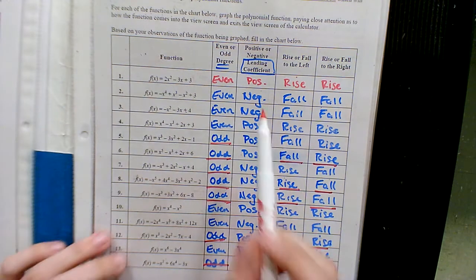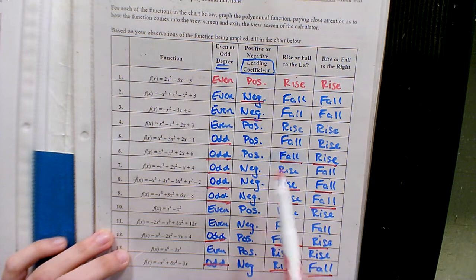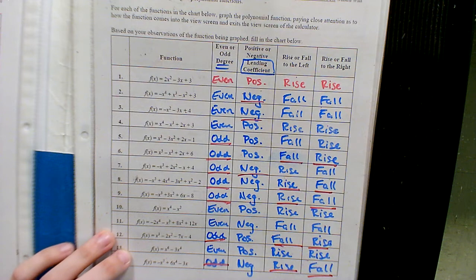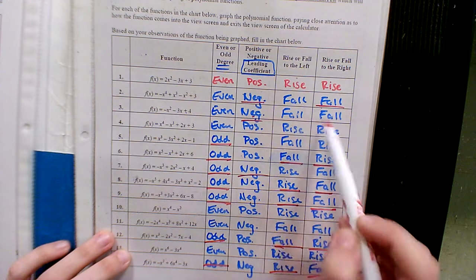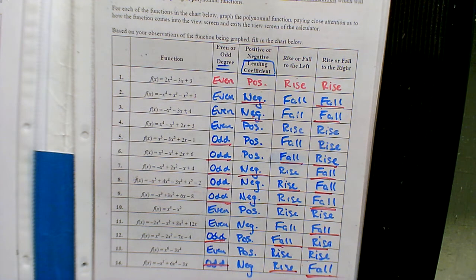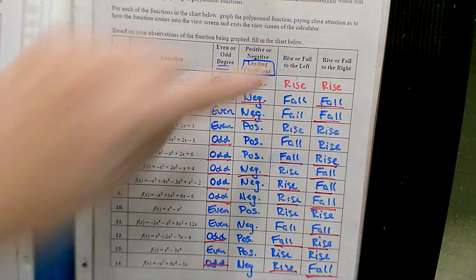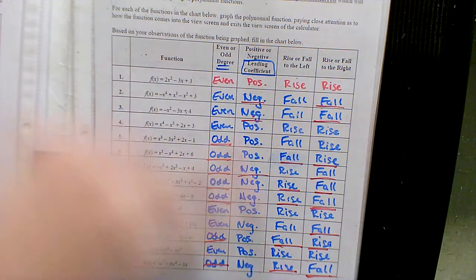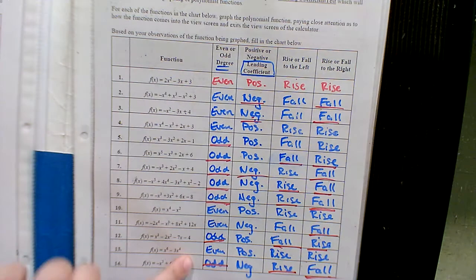There we go. Okay, so notice how this negative coefficient, that's kind of dictating perhaps what the right side is doing. Notice how negative fall, negative fall, negative fall. Okay, so the right-hand side is dictated by what the coefficient's telling you. What the left-hand side does is dictated by whether it's even or odd.